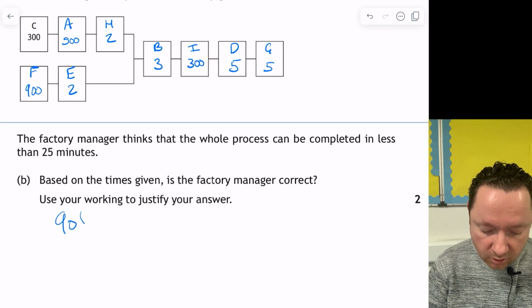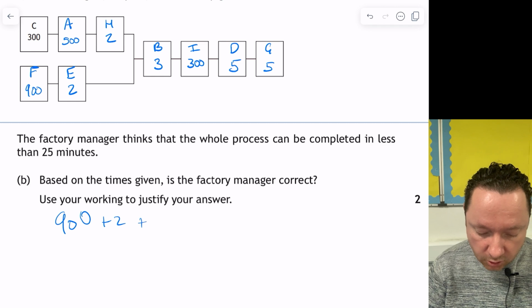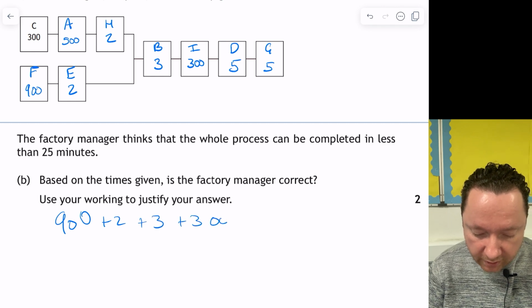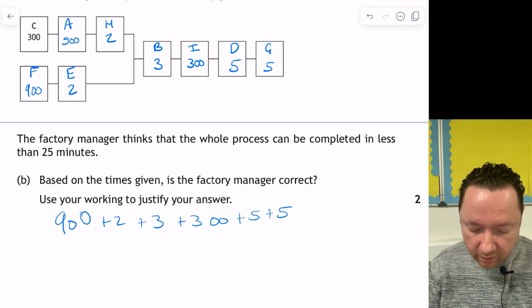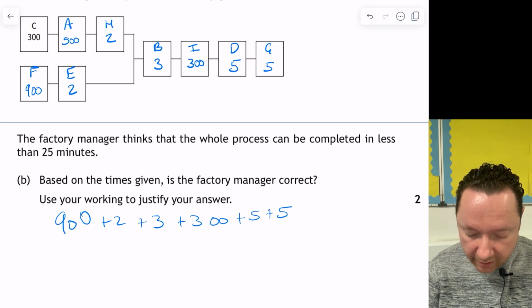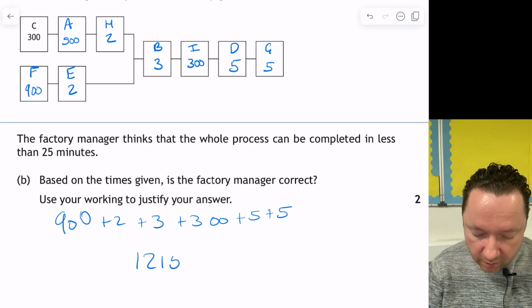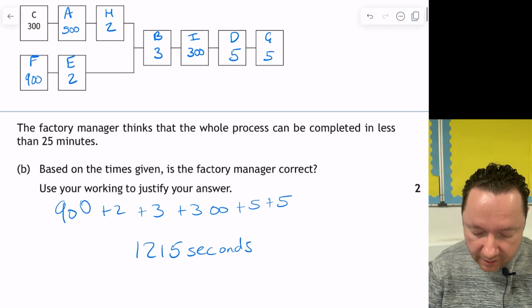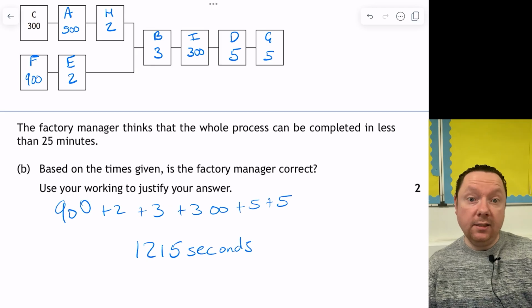So that's 900 plus 2 plus 3 plus 300 plus 5 plus 5. Use a calculator anytime you want, but that's 1215, and that's in seconds. So I need to change that to minutes. So it changes seconds to minutes, 60 seconds in a minute.